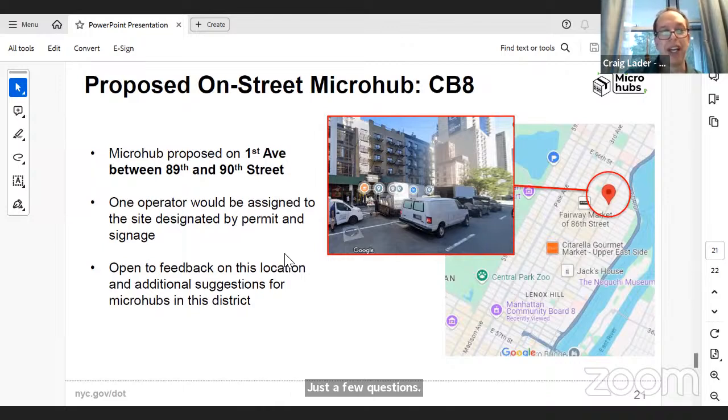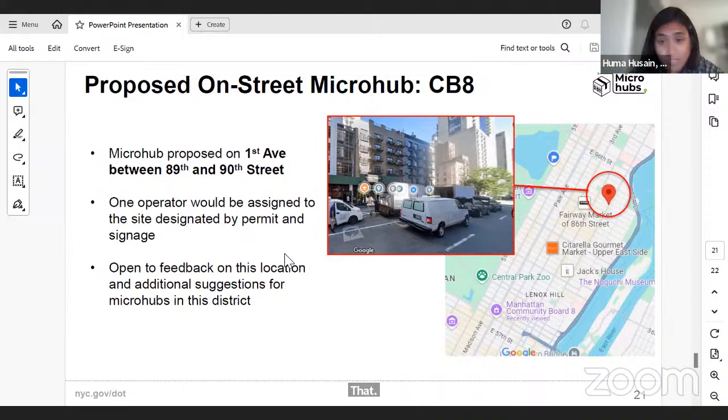First, can you provide a little context as to how you chose this particular location? I live 2 blocks away. I know it very well. I think it's a good location. I'm just curious how that became the chosen one as opposed to others. And also for this block in particular, would it be the whole block or a portion of that curbside?